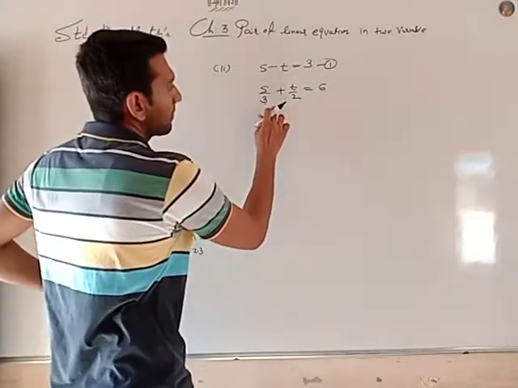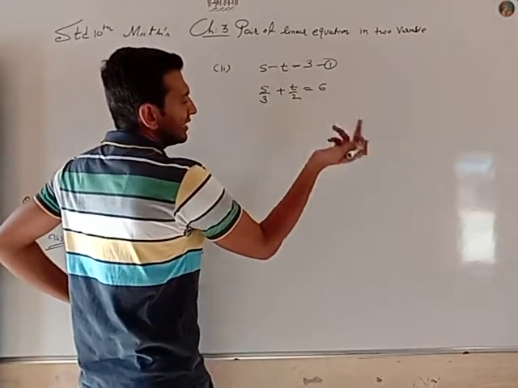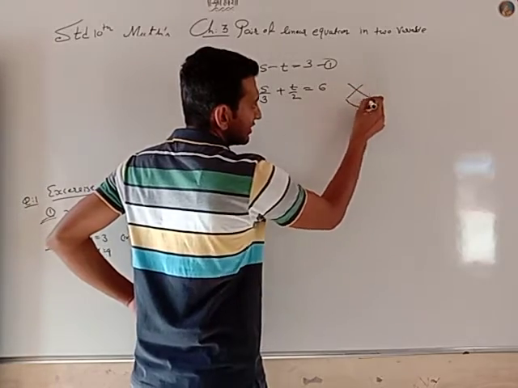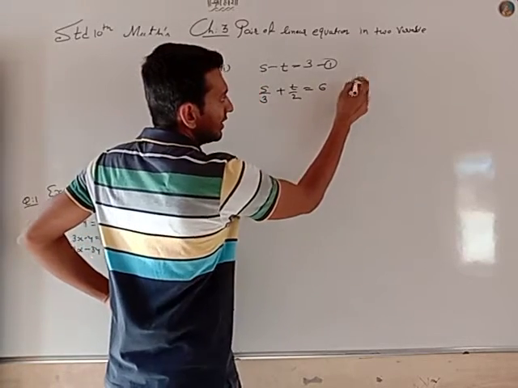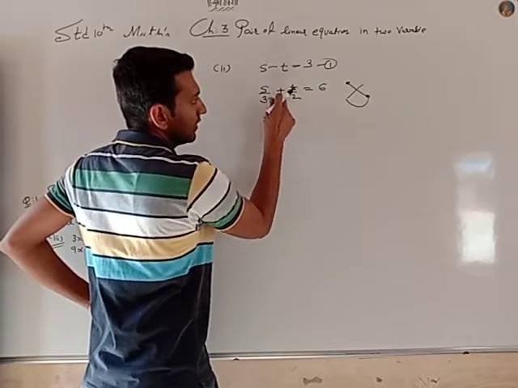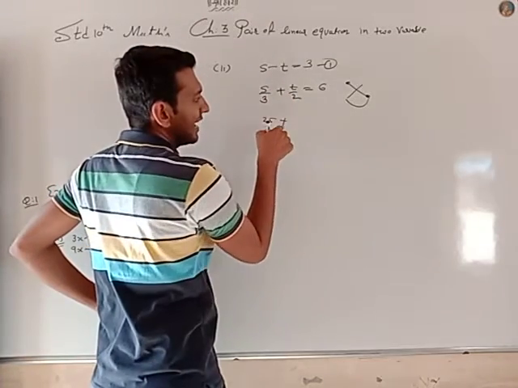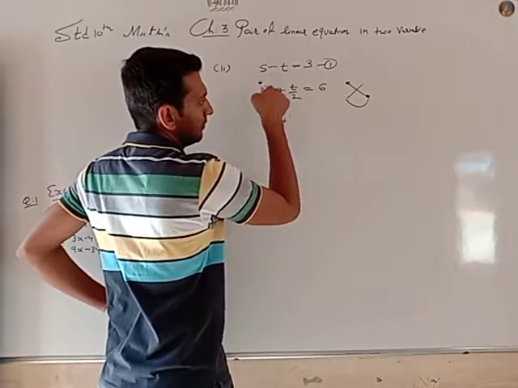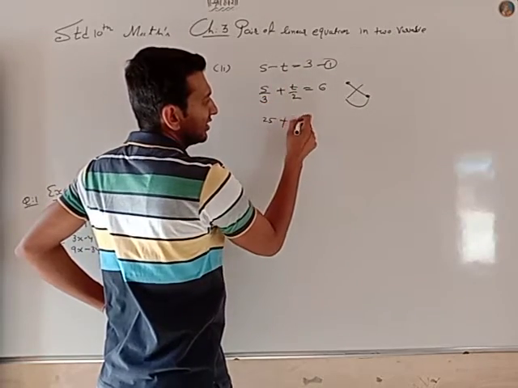Here two fractions are given. When two fractions are given, always remember this sign, product of diagonal. So 2s, whatever the sign is given, put as it is. Again the product of diagonal, 3t.